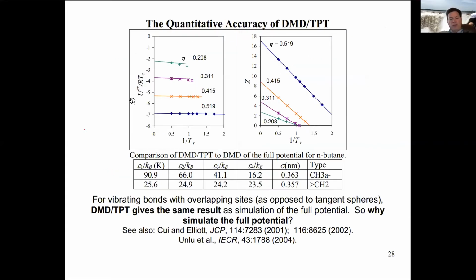So that raises the question: what should those interaction potentials look like? What you see is that the CH3 interaction is pretty steep. It looks like a Lennard-Jones. It's 90 and then 16 and then 0 in terms of its step depth. But the CH2 potential is pretty flat.